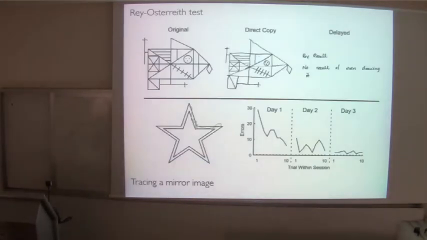Some examples of what he could and couldn't do: if you give him this test, where you get a picture and then you have to copy it, if he sees the picture he can completely copy it. He doesn't have any problem, not with vision, not with motor skills, and not even with what we call working memory, because when you draw this line you have to keep something in your mind to do that.